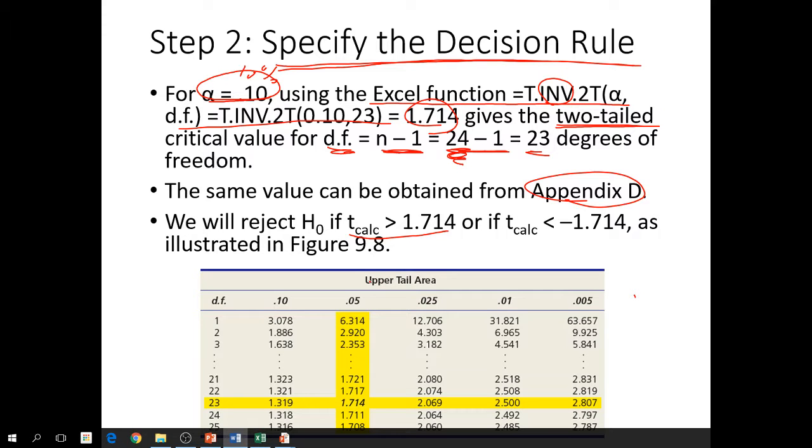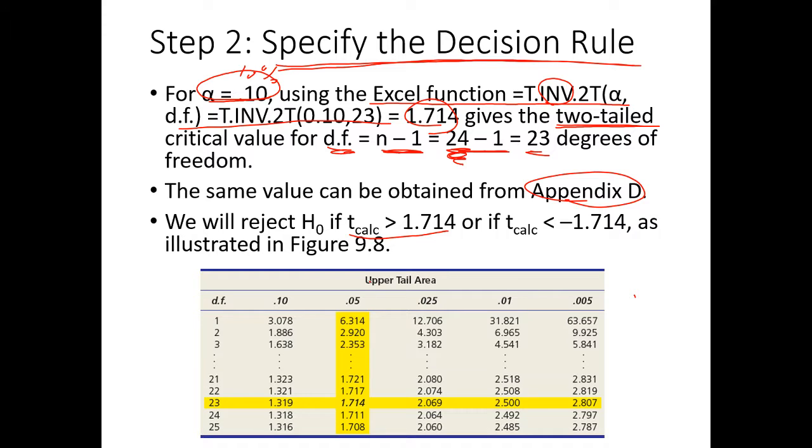So here is the degrees of freedom. That is 5% because this range is 5% and this range is 5%, so that's why it has 5%. But we are doing the two-tailed test, and the level of significance is 10%, so we have to check this one instead of that one.